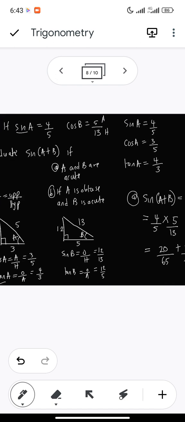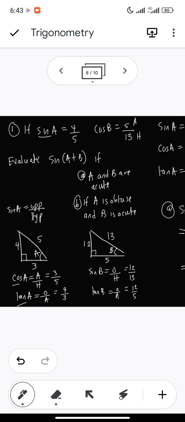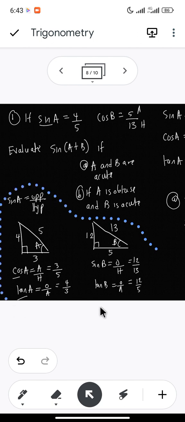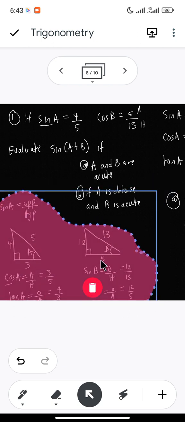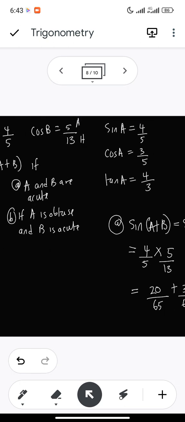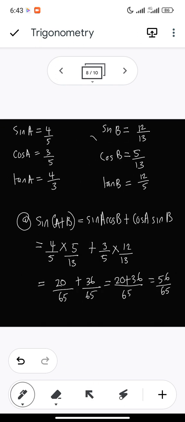Now the question also says for the B part, if A is obtuse and B is acute. So let's make use of this place to solve. Let me quickly erase this. Now, when A is obtuse and B is acute, we go back to our tricks.